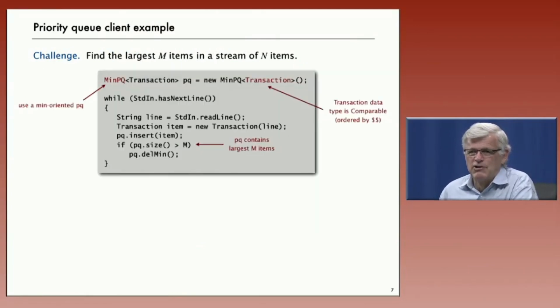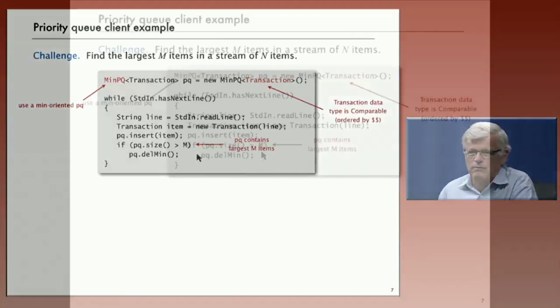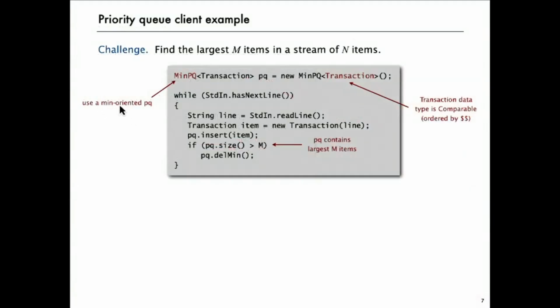With the priority queue abstraction, that's not too difficult to do. We're going to use a min-oriented priority queue, so it'll be one where we can delete the minimum. And it'll be generic, so we have a transaction type that holds this information, including natural ordering, where it's ordered by dollars, that last column.